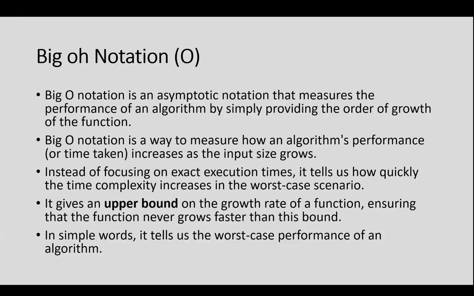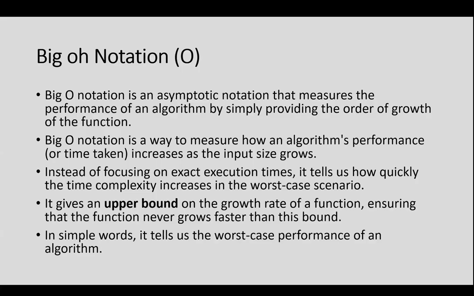While discussing asymptotic analysis, we have seen what it is exactly, and how we calculate the time complexity, what exactly the time complexity is. Then we have seen determining the function of n.